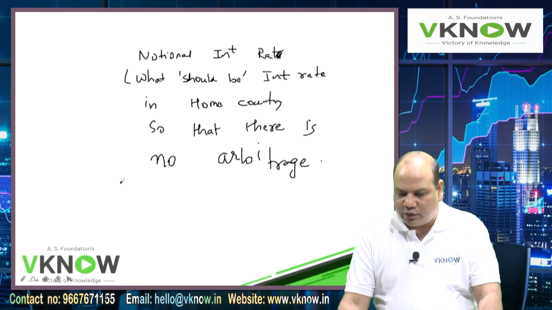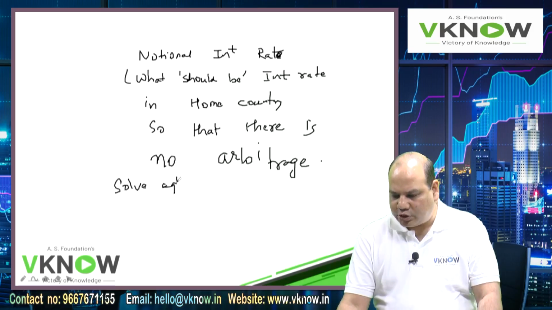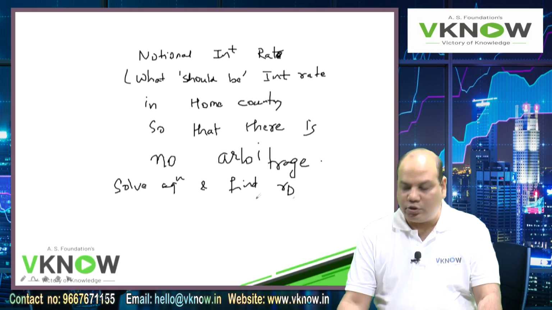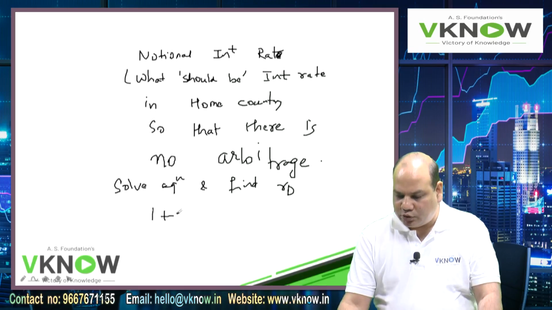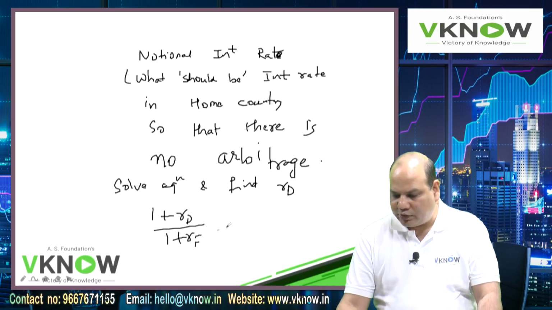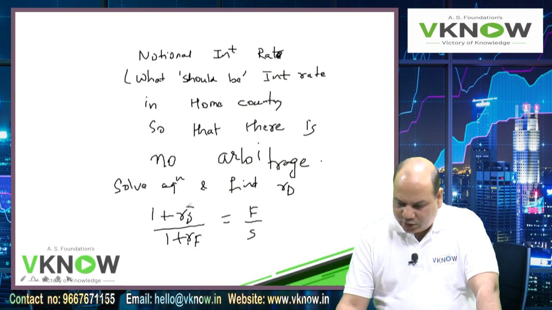So I will solve an equation and find RD. RD means rate of interest in domestic country. So I will solve this equation: 1 plus RD upon 1 plus RF, just understand, equal to forward rate upon spot rate. Find RD. Solving this equation, find RD.